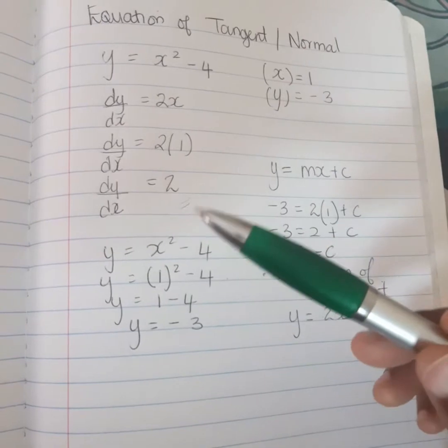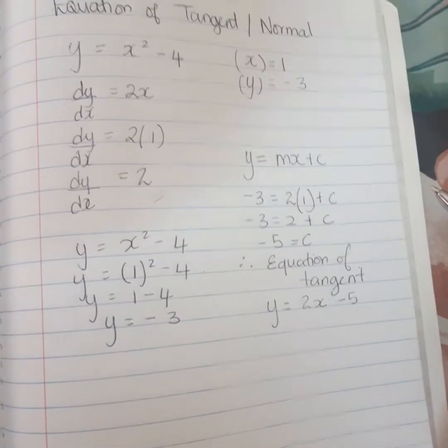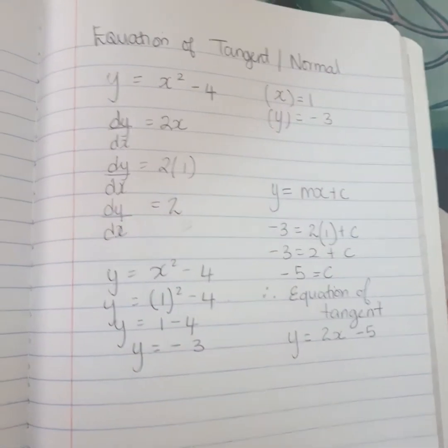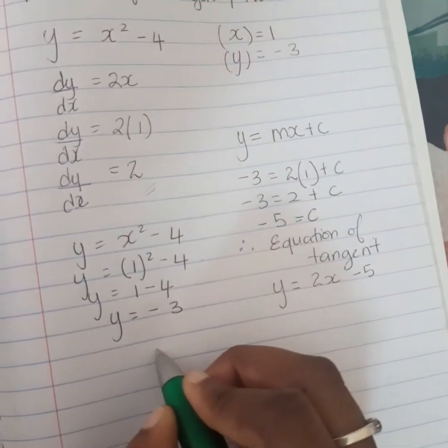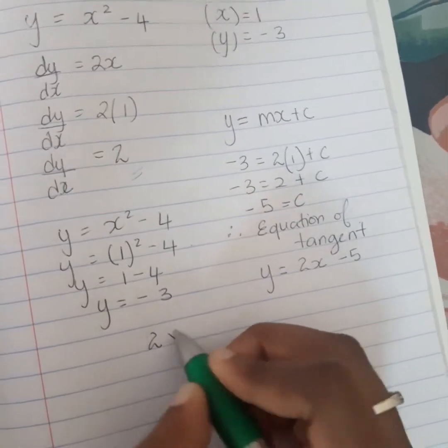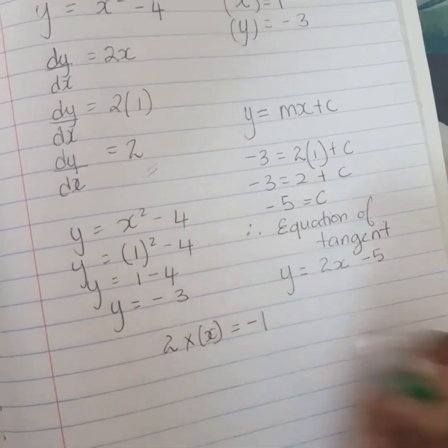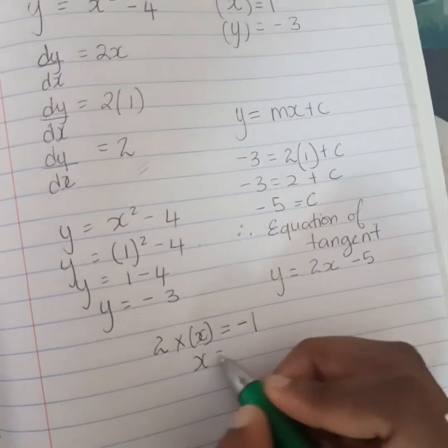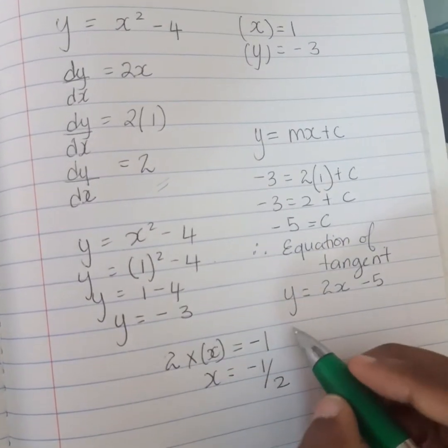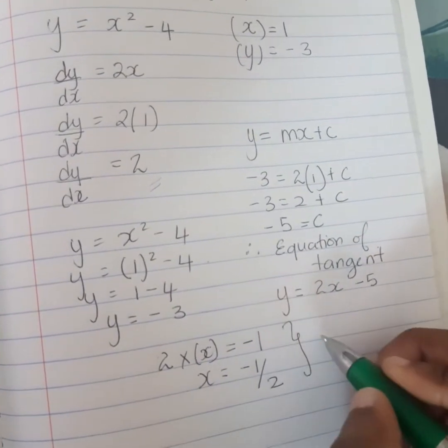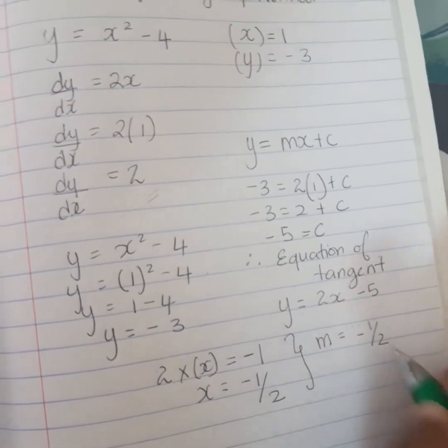So if our gradient is 2 for the equation of the tangent, then for the equation of the normal, our gradient should be such that 2 times m is equal to minus 1. So m is therefore equal to minus a half. So our gradient to find the equation of the normal is minus a half.